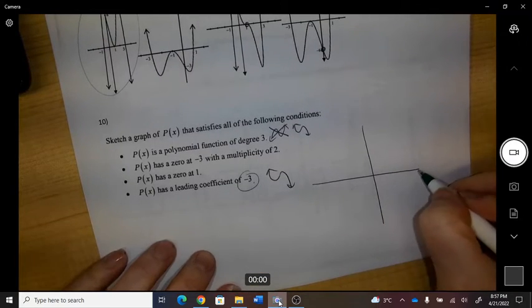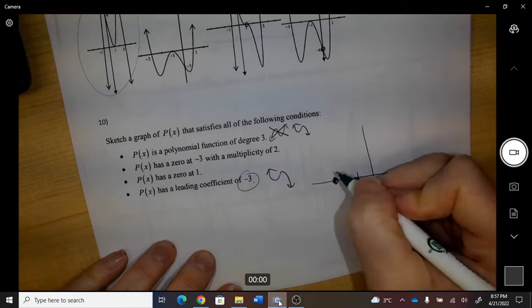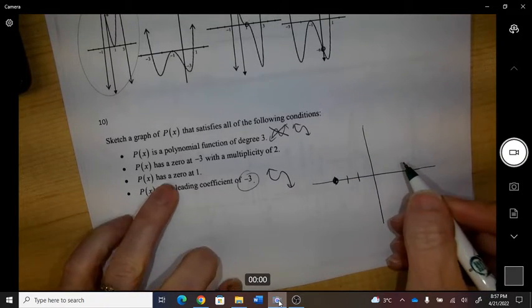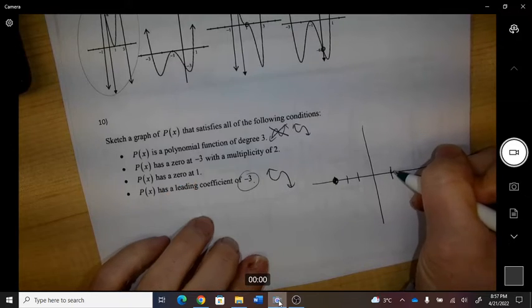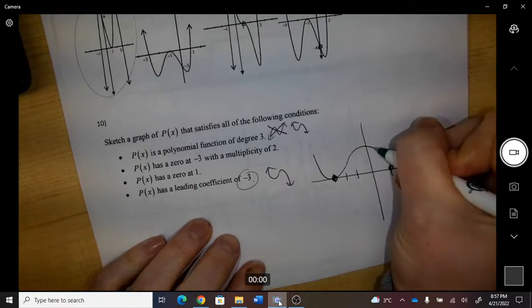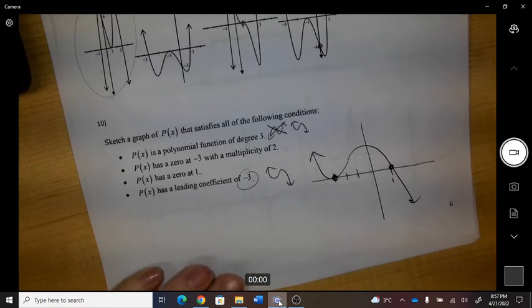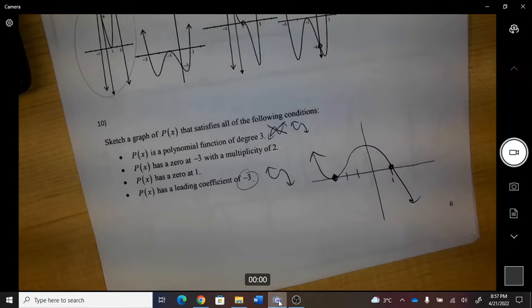It has a 0 at -3 with a bounce, and it has a 0 at 1. So I'm going to bounce and then cross through. And I don't know anything about the y values, but we need to find it.